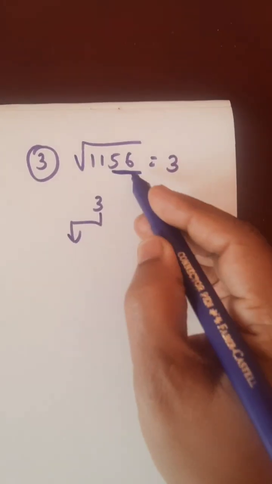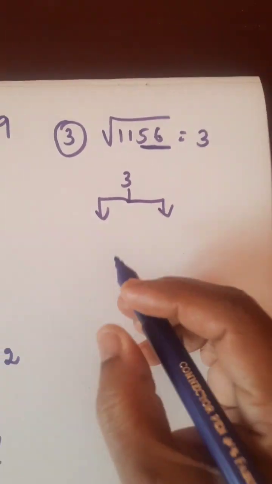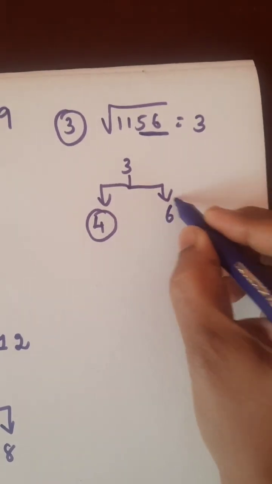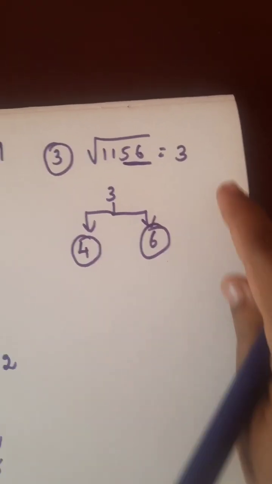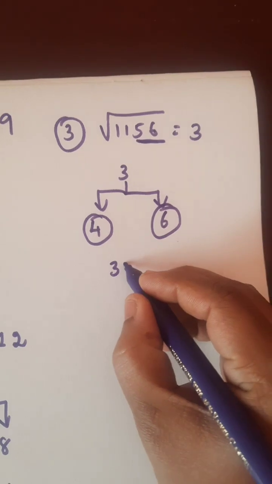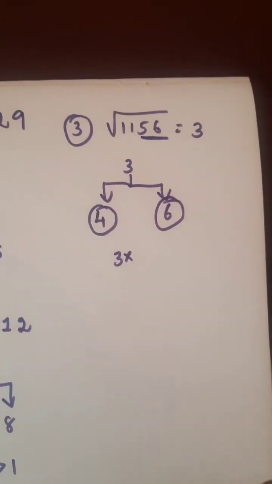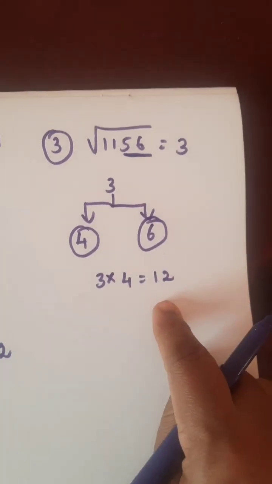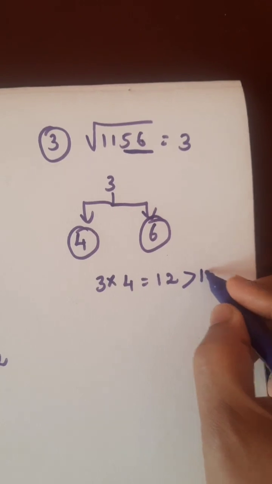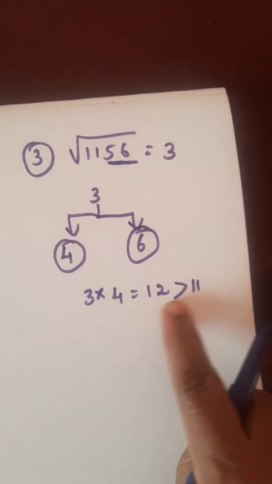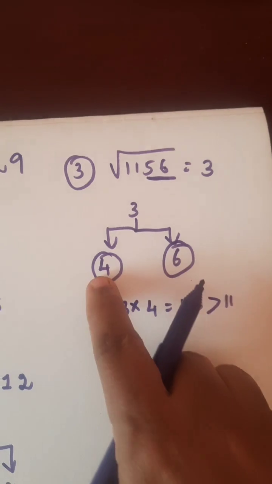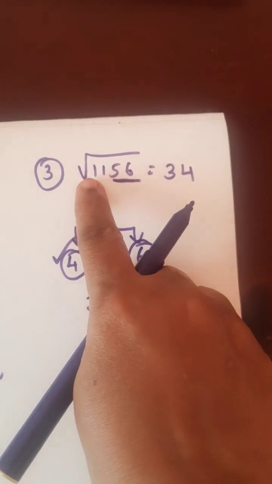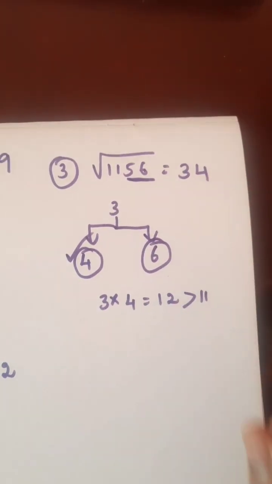The last digit is 6, so the square root will end with either 4 or 6. We have to find out which. We multiply 3 with the next number: 3 into 4 is 12. This 12 is greater than this 11, the first two digits. That means we choose the smaller number, that is 4. So square root of 1156 is equal to 34.